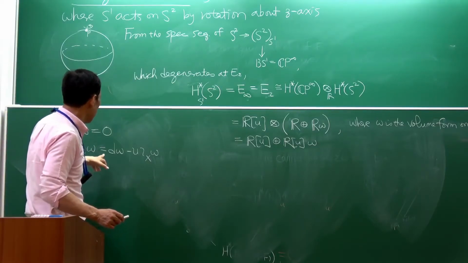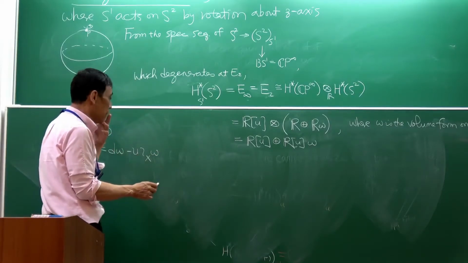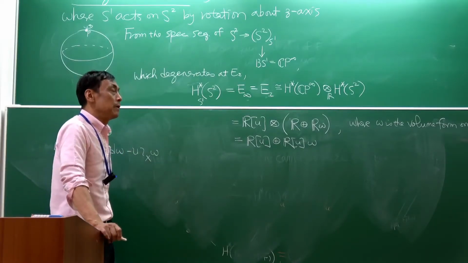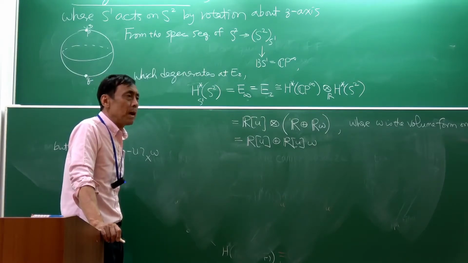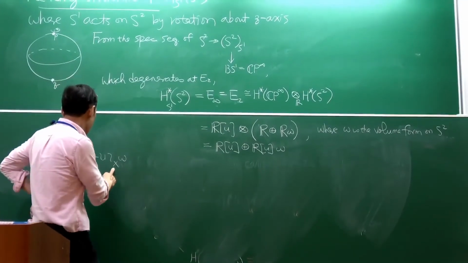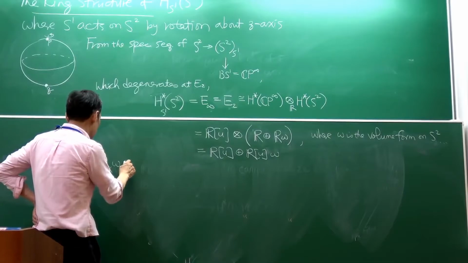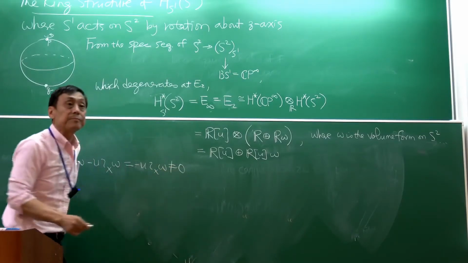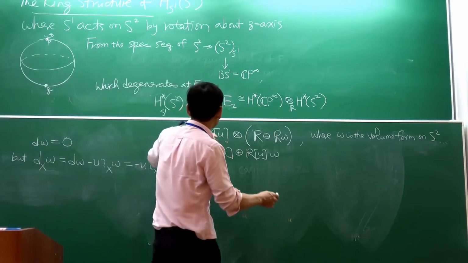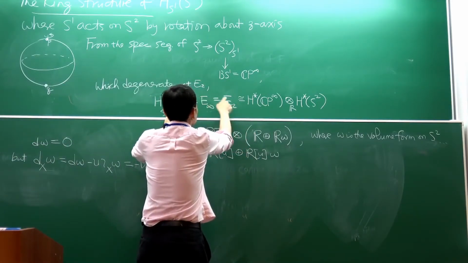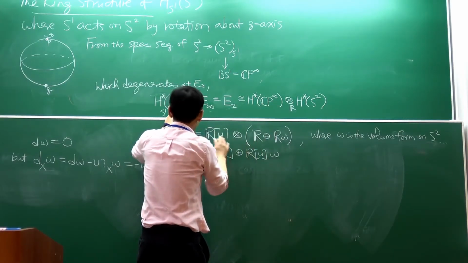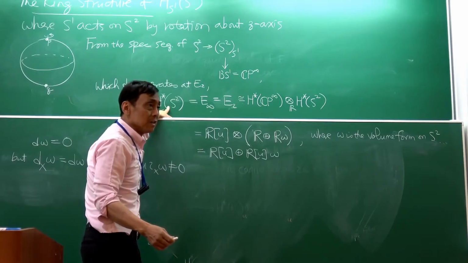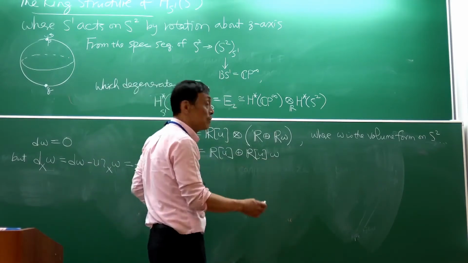So i_X omega, yeah, I think we worked it out to be 2 pi, right? It depends on what you choose as your X. But in any case, this is minus u i_X omega. It's not 0, okay? So this is isomorphic to that, but this omega is not in equivariant cohomology because it's not an equivariant closed form.